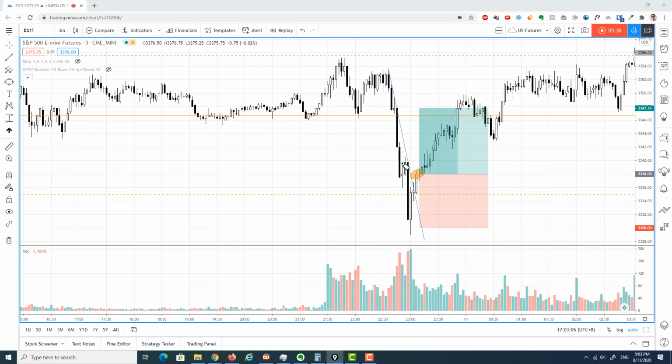If we take a look at these two bars here, this bar had a relatively higher volume compared to the previous bar, which is this bar here. At that time, I thought there was presence of demand, because with more effort to push down, what we get is actually a smaller candle.